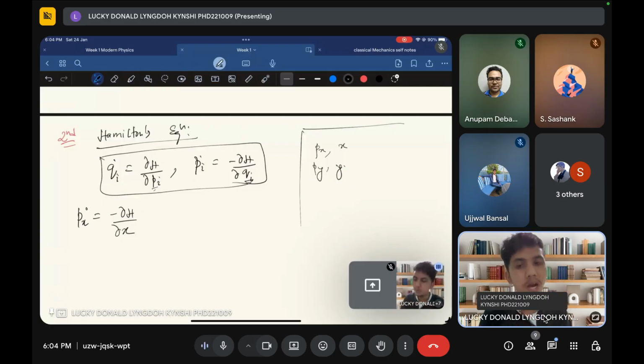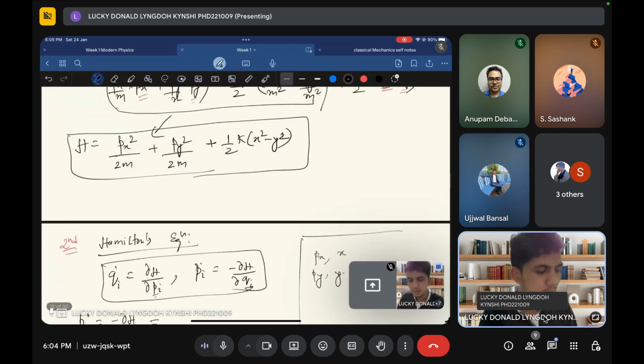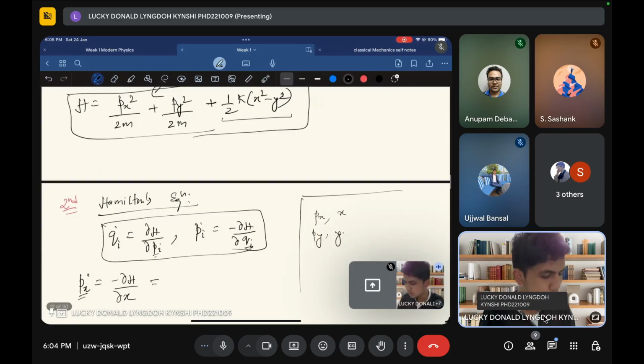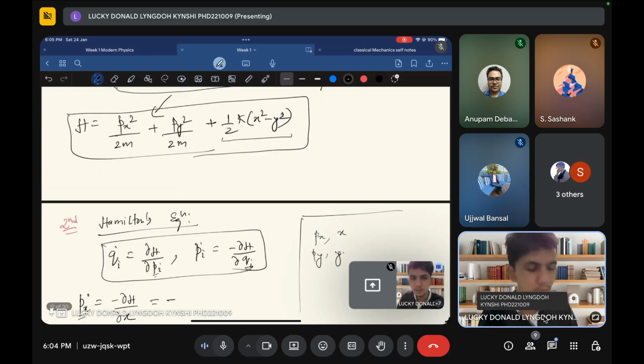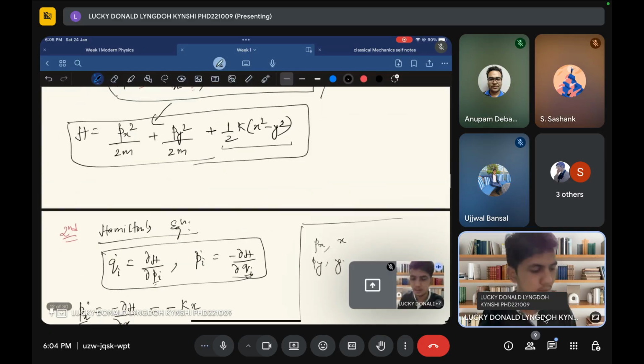But now since we are solving in the x direction, px dot is equal to minus del H by del x. In the first term and the second term, there is no x dependence. So you have only this term here, half of k x squared. So only the second term will be there, which will simply be kx, because the 2 and 2 get cancelled.